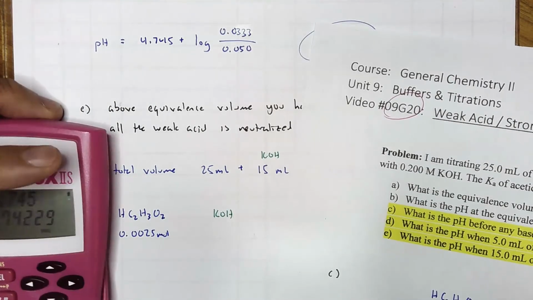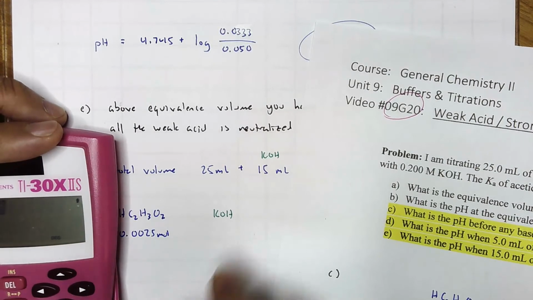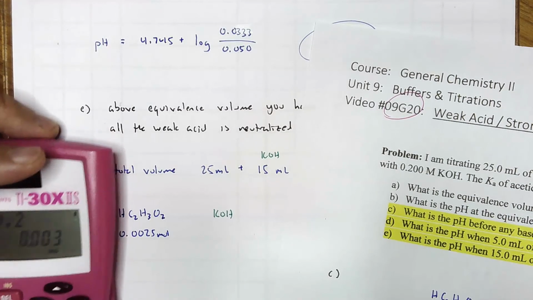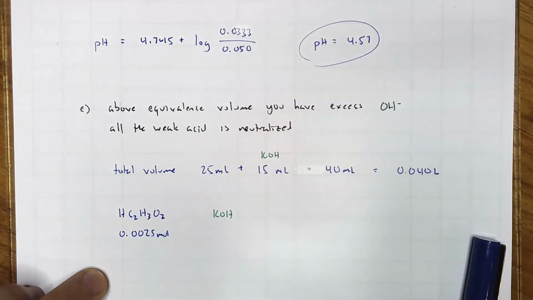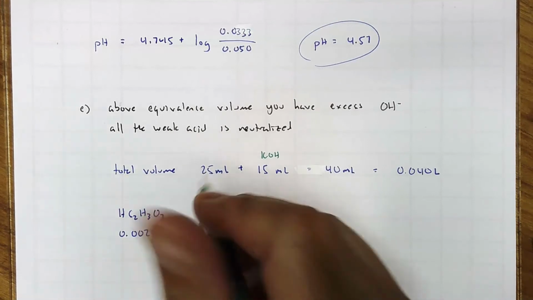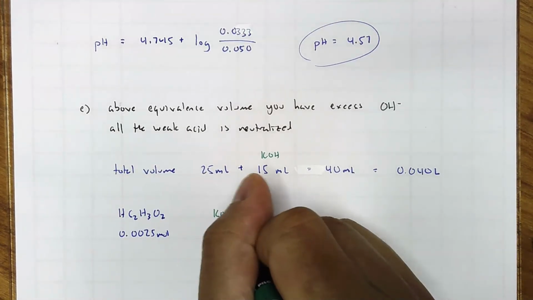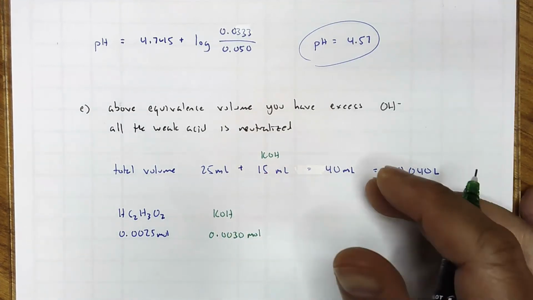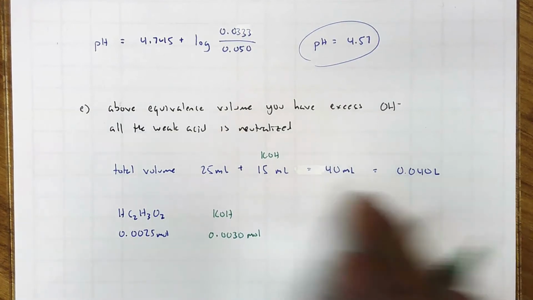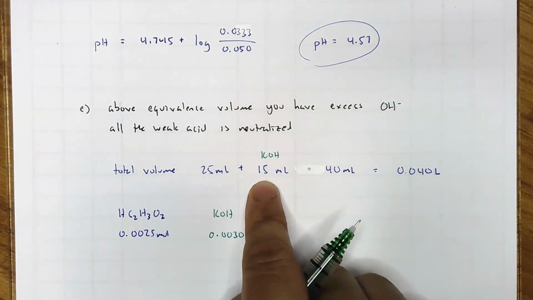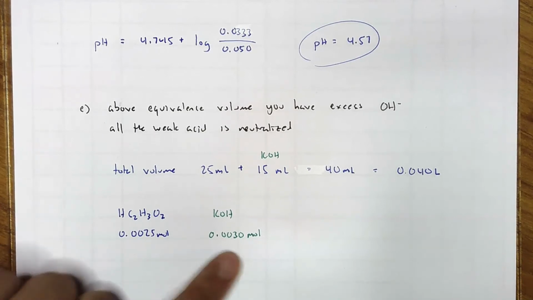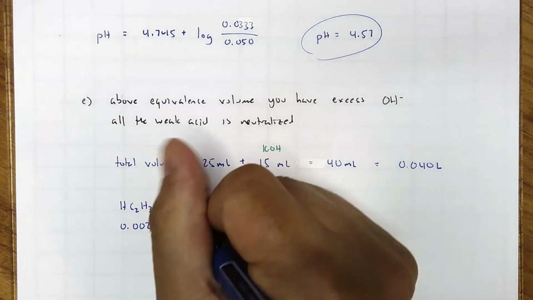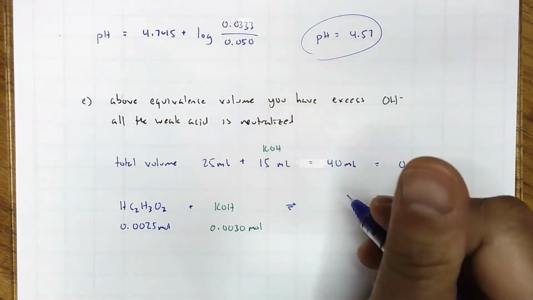So what do we want to do? We want to calculate how many moles. 0.015 times 0.2. Okay, do you see how it's more than the moles of acid? It's not much more, but it is more. Remember, the equivalence volume was only 12.5, and we're just going up another 2.5 milliliters. So it's close, but definitely this is more. Okay, when these two react, again, you get the conjugate. No, what do you get?